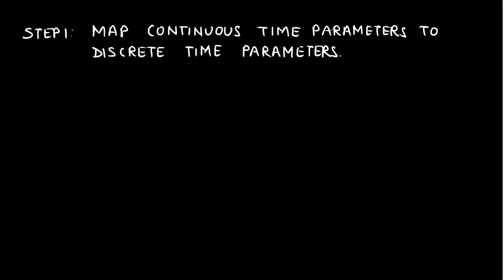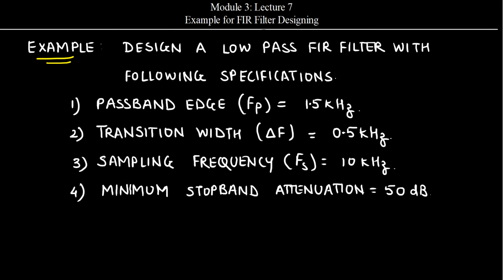And this can be done by using the formula omega is equal to 2 pi f by Fs. Now what we need to find is the passband edge in omega.